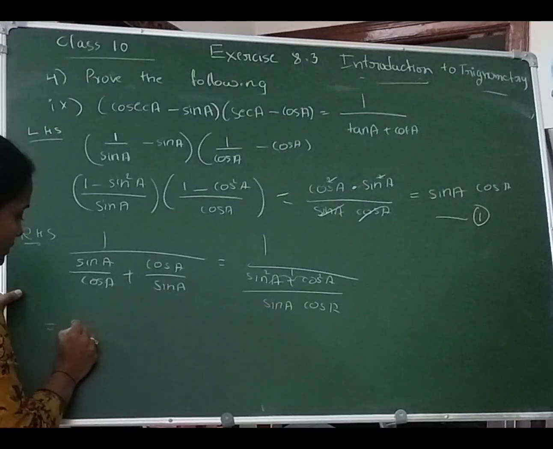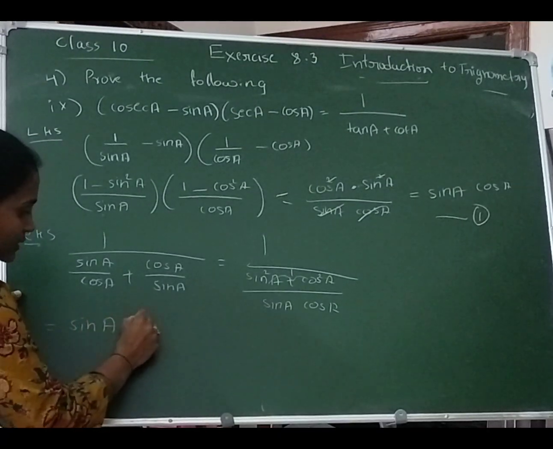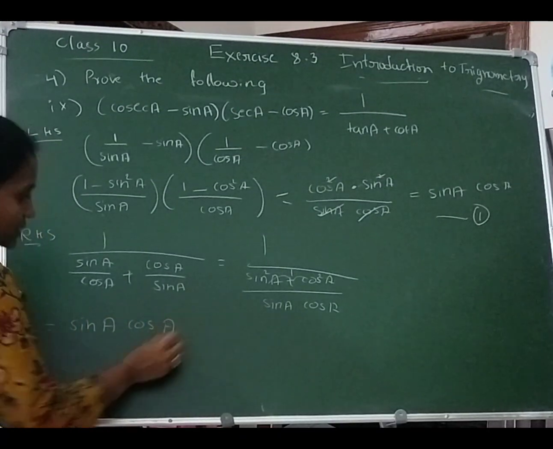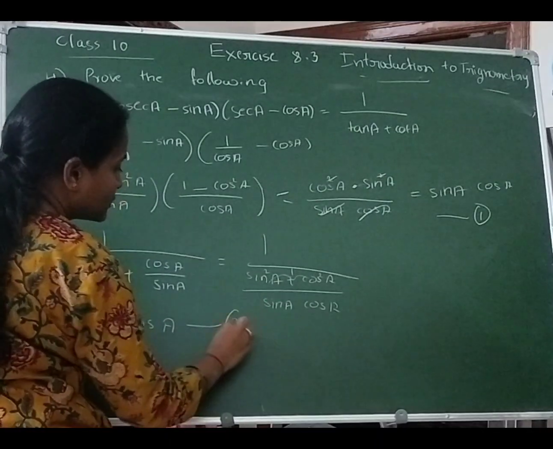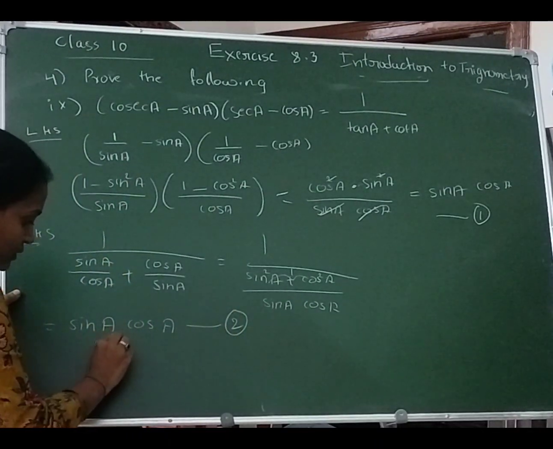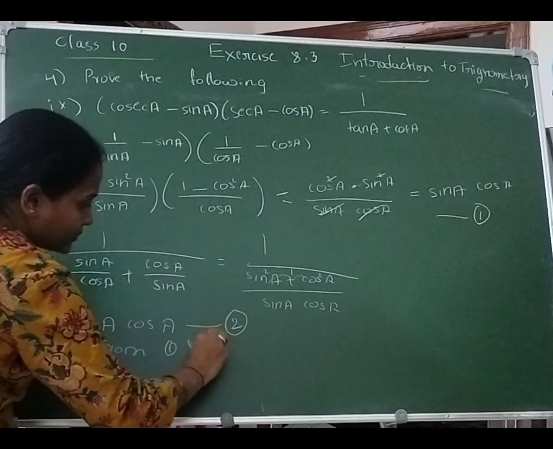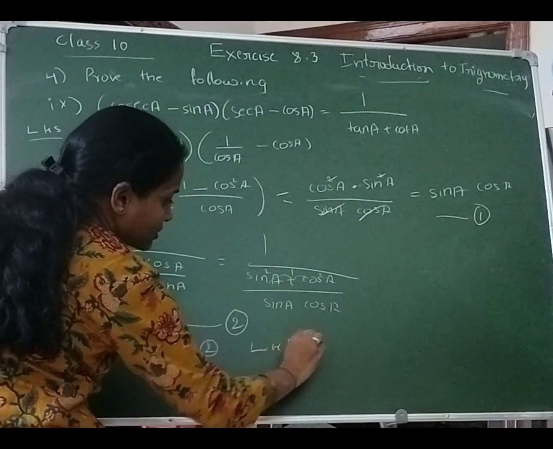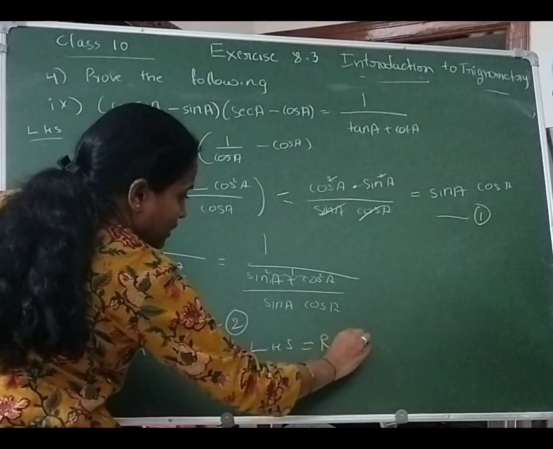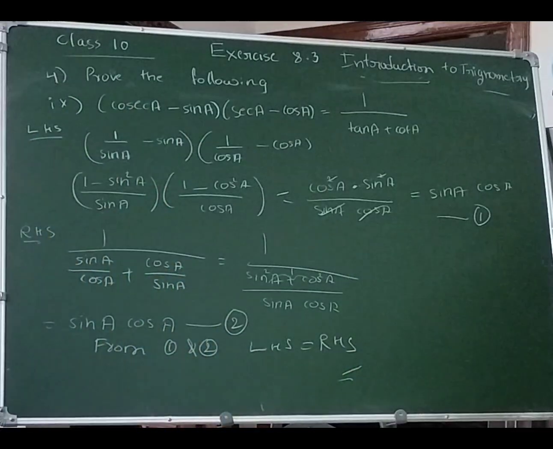So it will reduce us to sin A into cos A. So let it be the equation 2. So from equation 1 and 2, it is proved that LHS is equal to RHS. Hence proved.